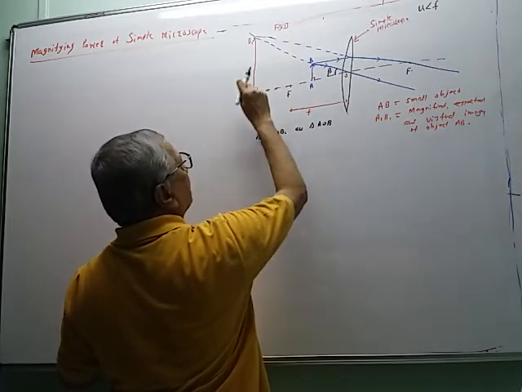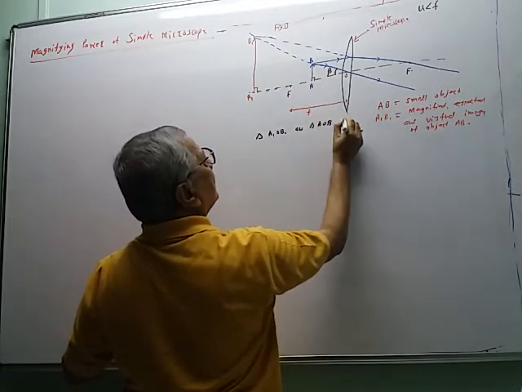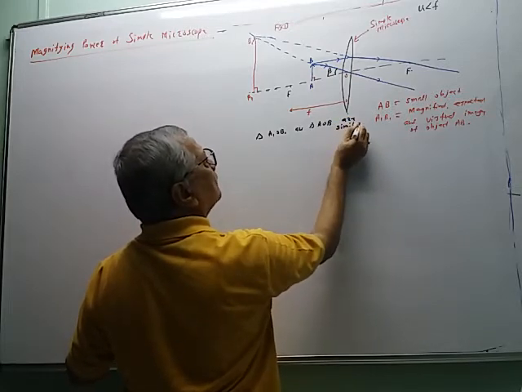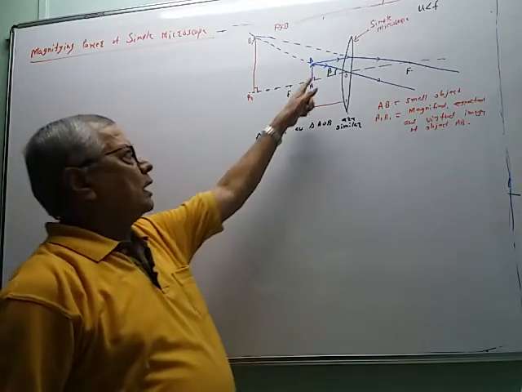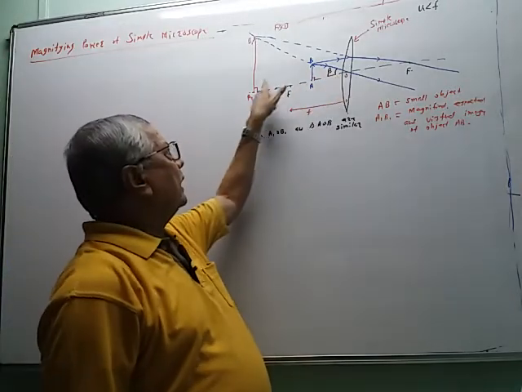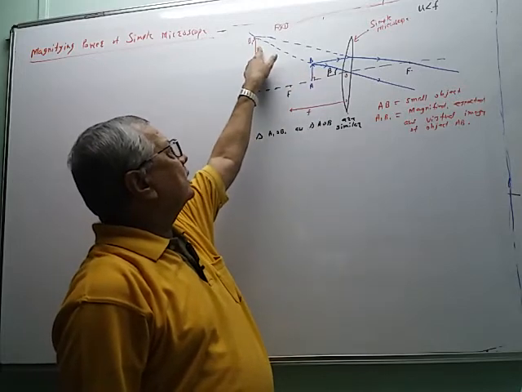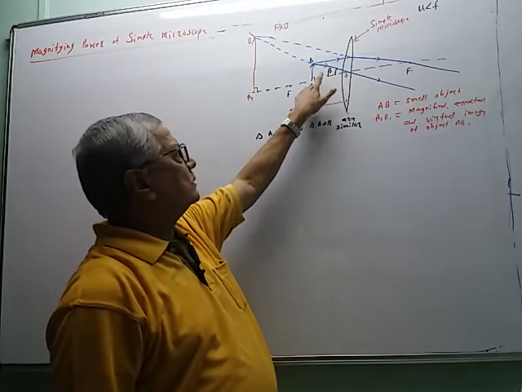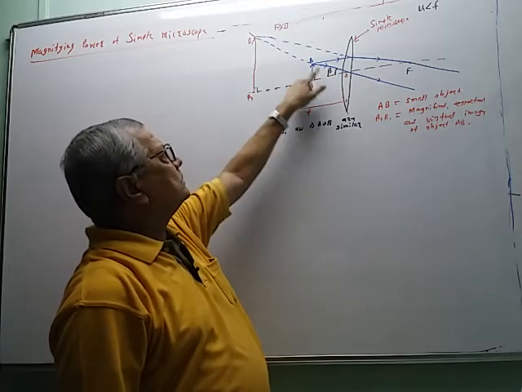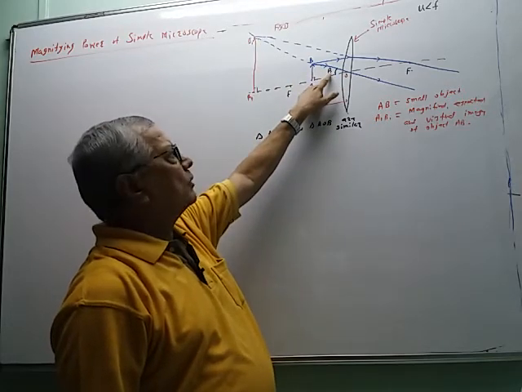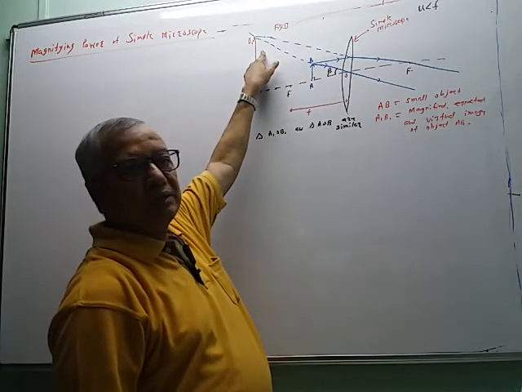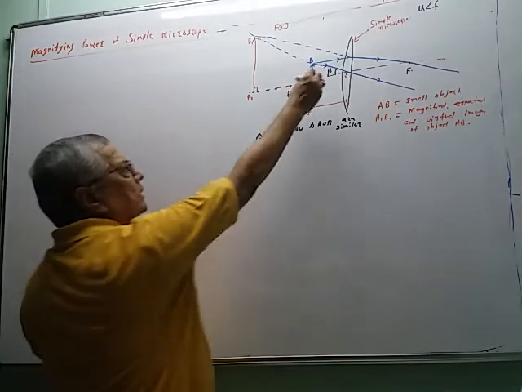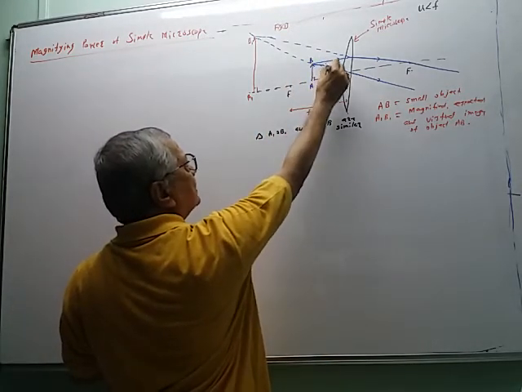Triangles A1OB1 and AOB are similar triangles. This beta is common for both. This angle is 90, this angle is 90, so the remaining angles are also equal. So beta is common in both the cases. If this beta is equal to, say, 40 degrees, then this will be 50 degrees. Using the AA criterion is also fine. So these are similar triangles. So this beta is the same. So what is this beta?